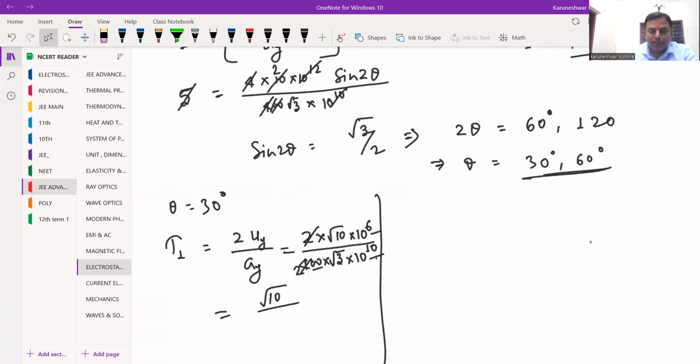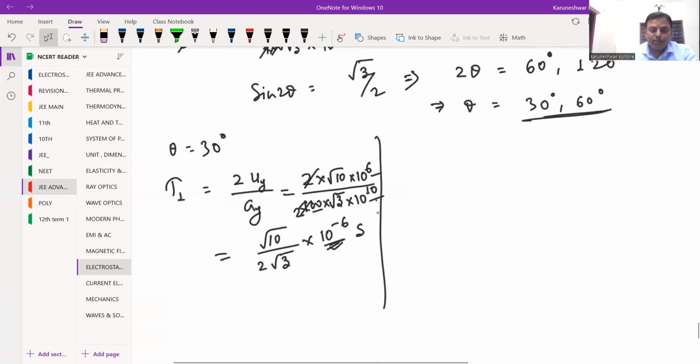So it is root 10 divided by 2 root 3 into 10 to the power of minus 6. This minus 6 will be considered as microsecond. So what the final result we can write here is this root 10, I'm writing it as root 2 into root 5.